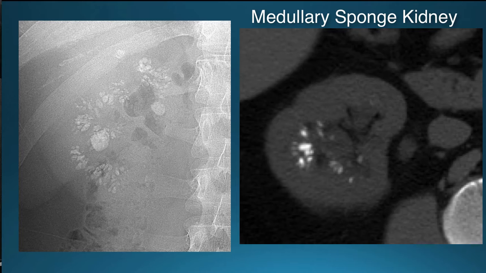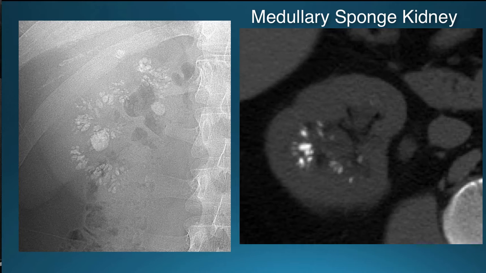Medullary sponge kidney is a condition of abnormal dilatation of the medullary collecting ducts. That dilatation results in urinary stasis. Anything that results in urinary stasis creates a situation of potential stone formation.